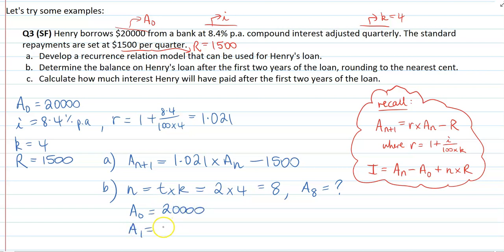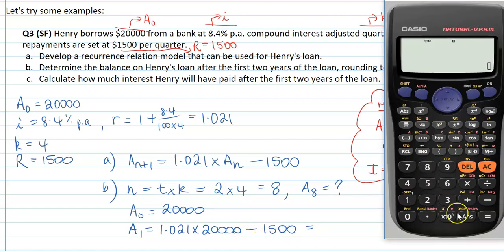To get our first balance after 1 recursion, we take our rate by that loan amount minus our repayment.